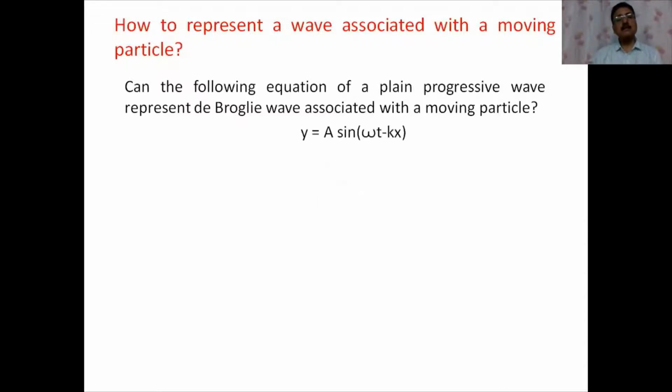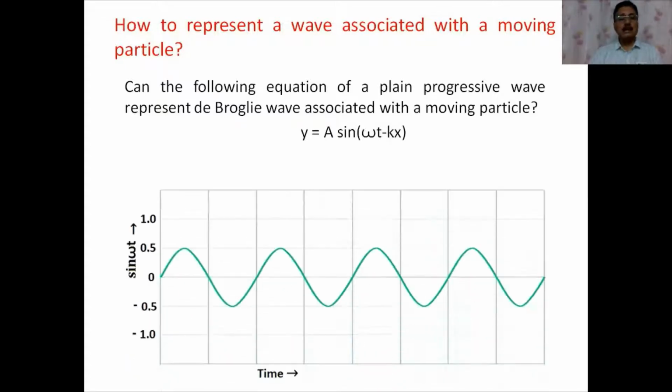Very simple, plane progressive wave. Y is the displacement of the particle. Y is equal to a sine omega t minus kx. A is the amplitude, omega is the angular frequency, k is the propagation constant. Can a plane progressive wave, whose mathematical expression is written like this, represent the de Broglie wave associated with a moving body?